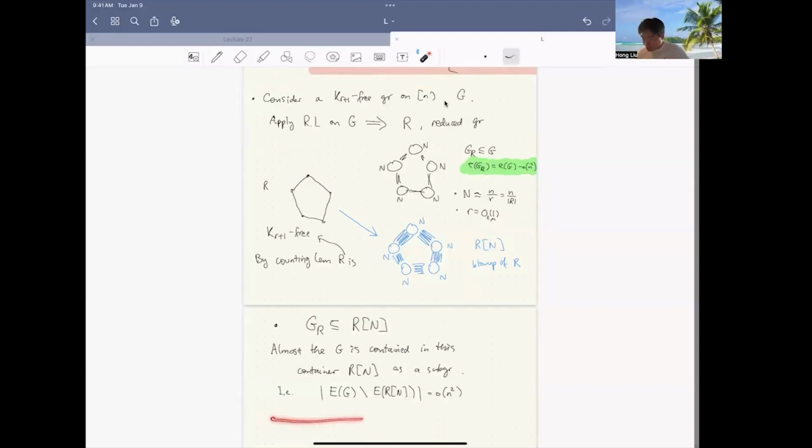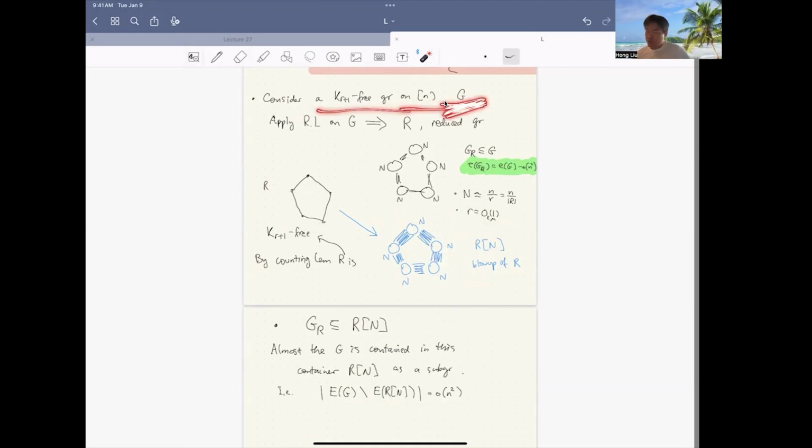What we have shown is that for any K_{r+1}-free graph G, there is some graph R, which is the reduced graph we obtain from applying the regularity lemma, of bounded order, the number of vertices bounded, such that its blow-up almost contains G. For every K_{r+1}-free graph, we can find such a blow-up of a bounded size graph that almost contains G. That's true for every such G.